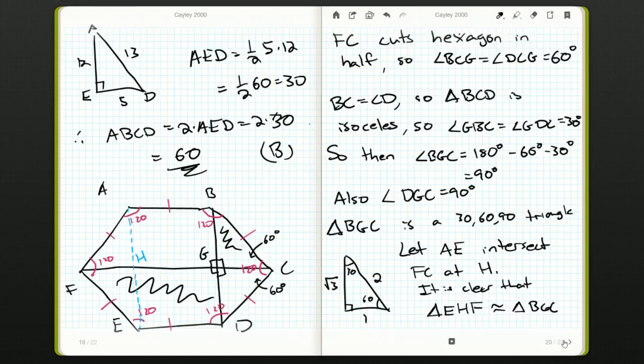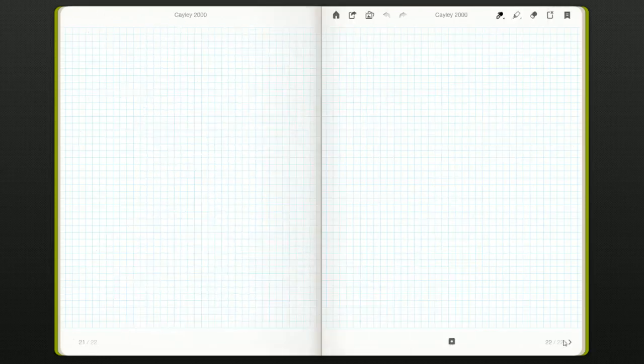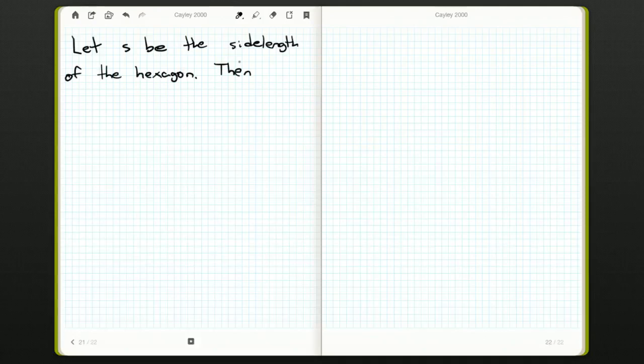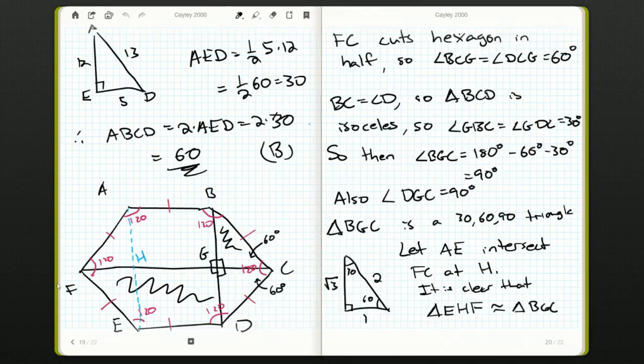Okay. So, how best to split it up? Well, let's give a name to the side length. So once we have the side length called S, we can put that in here and here and up here.